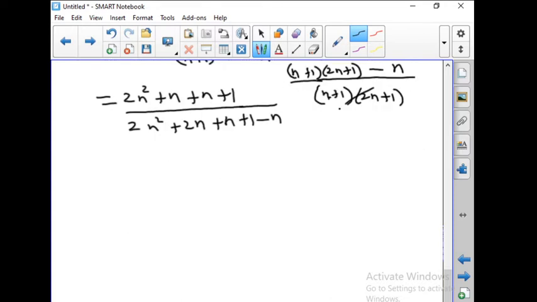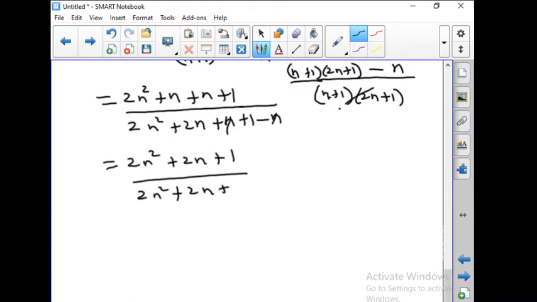It's ordinary multiplication only. So this becomes 2n square plus 2n plus 1 divided by 2n square plus n minus n, which will get cancelled, so plus 2n plus 1, which is equal to 1. Therefore, tan(x + y) is equal to 1.